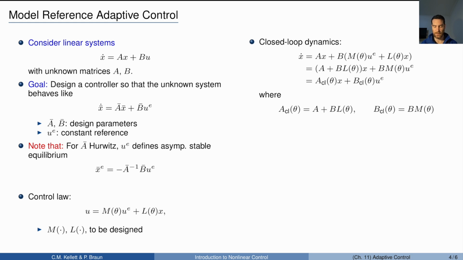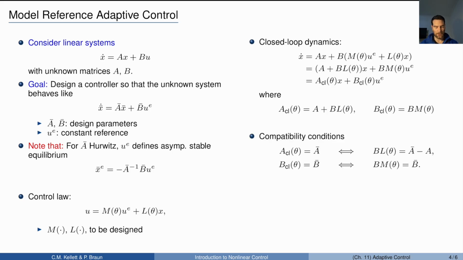If we plug that in and make these simple calculations, we end up with the closed loop dynamics, simply a linear system again, where we now have these matrices A CL and B CL, but depending on these unknown components A and B. So we want our system to behave essentially like this system over here.